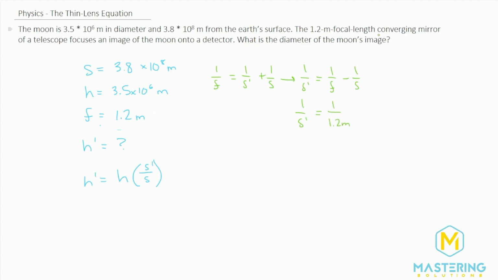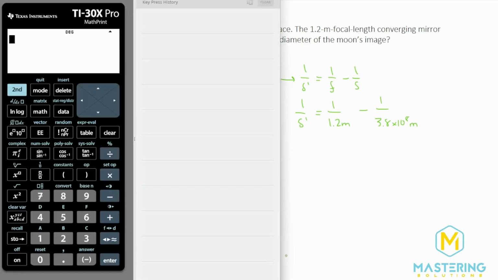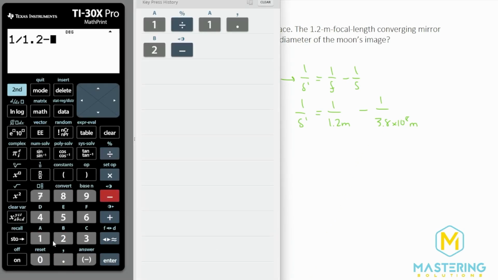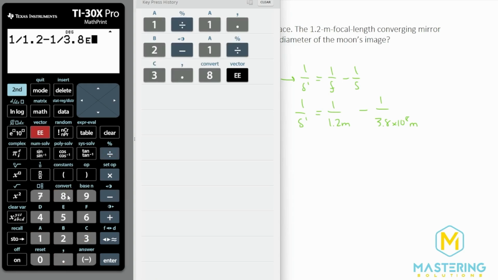Since we have a converging mirror, that is going to be a positive value. Now we'll subtract from that 1 over the object distance, which we said was 3.8 times 10 to the 8 meters. Again, since this is on the upstream side of our mirror, this will also be a positive value. So we have 1 divided by 1.2 minus 1 divided by 3.8 times 10 to the 8.